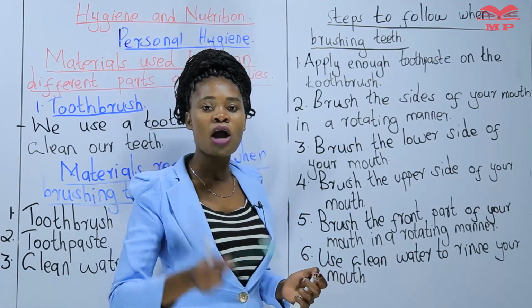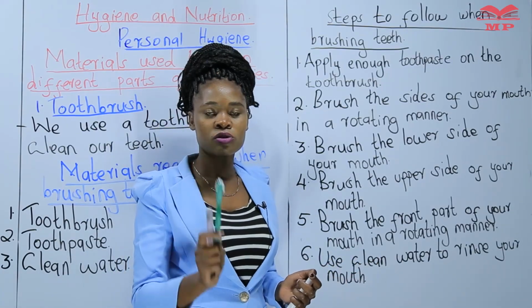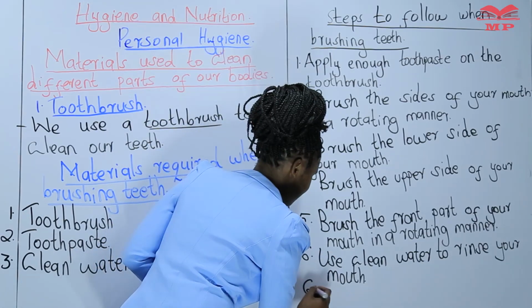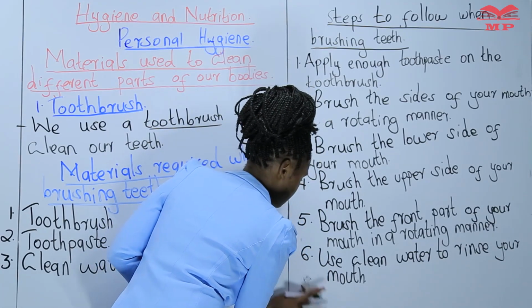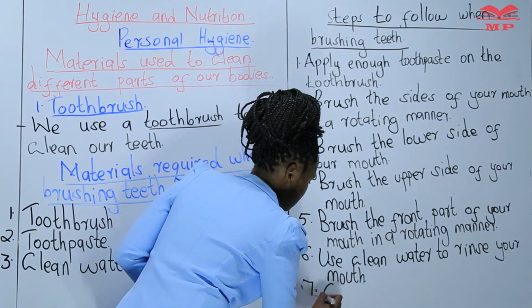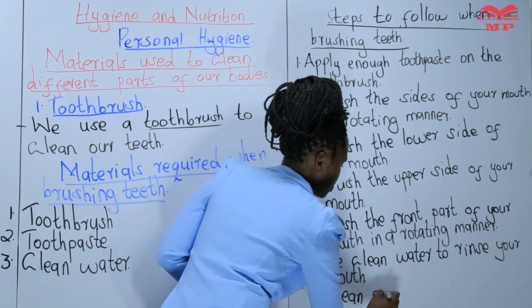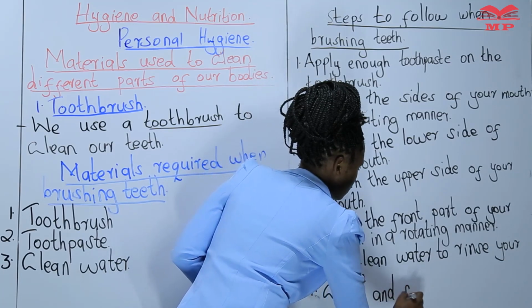And lastly, you now clean and store your toothbrush. So the last step is step number 7.